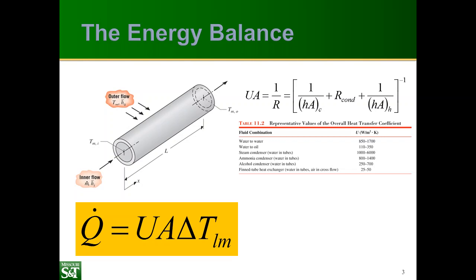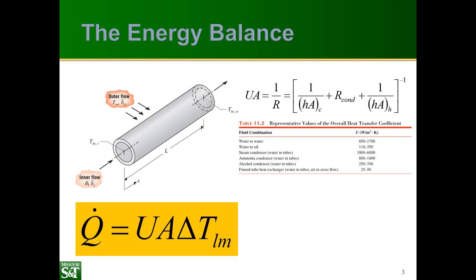So 1 over UA is going to be equal to 1 over UA for the hot side is going to be equal to 1 over UA for the cold side. And this means that UA cold side is equal to UA hot side. However, if you look at the figure here, the inside of the pipe doesn't have the same area as the outside of the pipe. So the areas are different, so U is not going to be equal. So for this class, when I talk about the heat transfer coefficient, I'm talking about U times A combined.